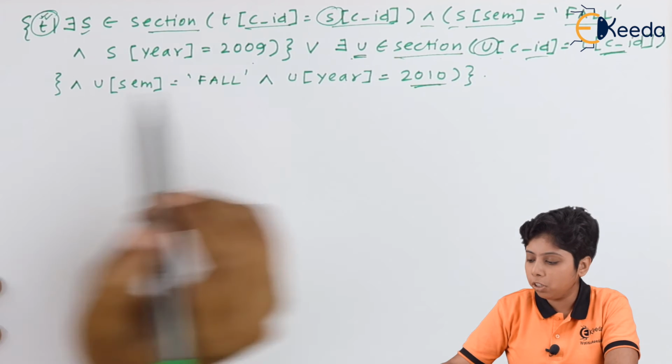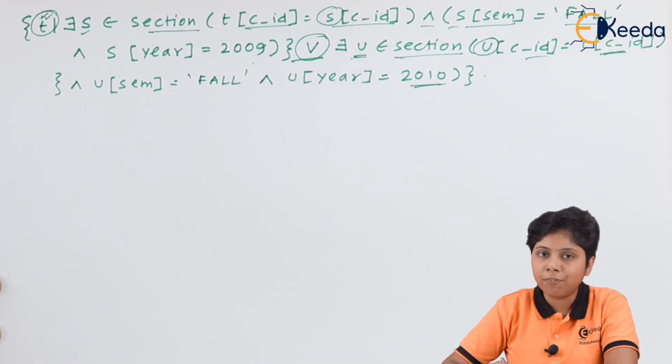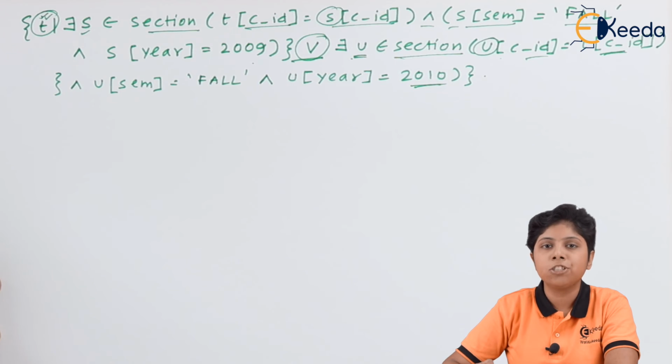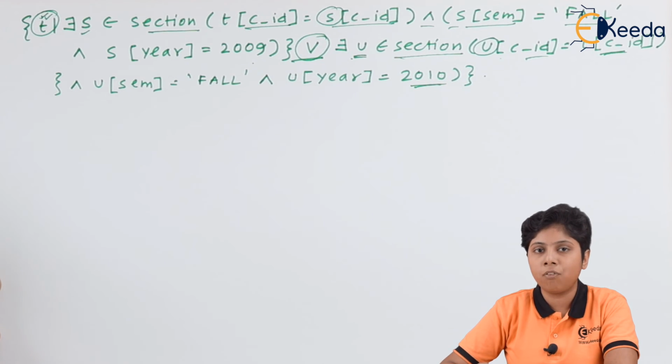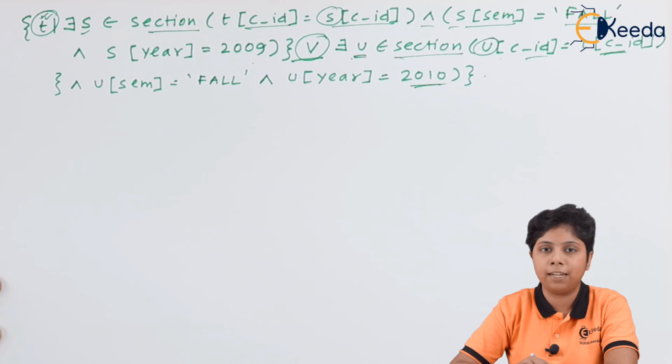Now here you can see that I have joined it with a union operator, OR. So if it belongs to 2009 and also 2010, it will list it. Why am I using OR instead of AND? If I put AND here, I am saying a course that belongs to both 2009 and 2010.